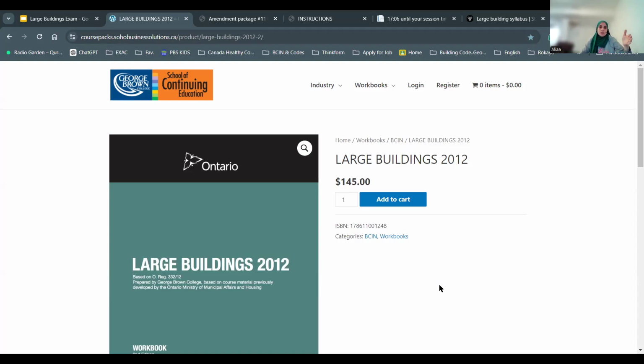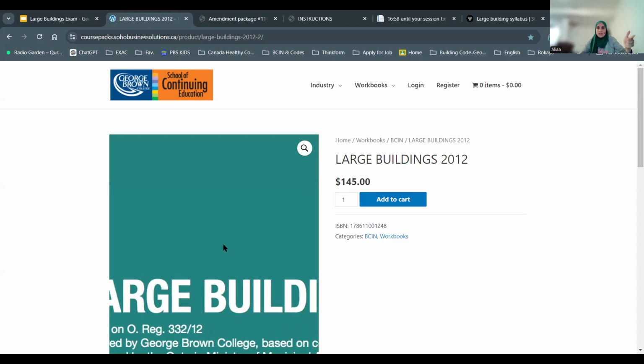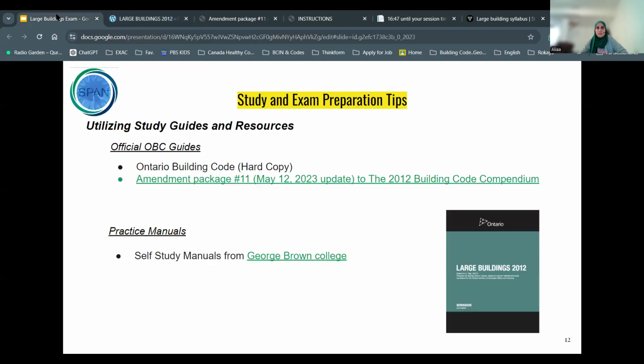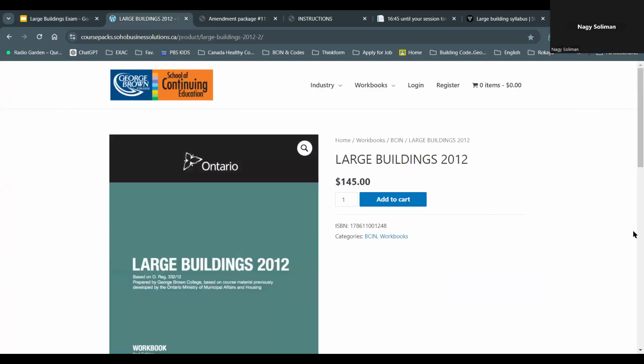For example, this is a space and this is a space, for office, does this space need 1 exit or 2 exits? Questions like that. So in this manual, most of the questions are design problems. It gives you a design problem and you need to think and choose the correct answer. You mean this self-study is so important for the exam?